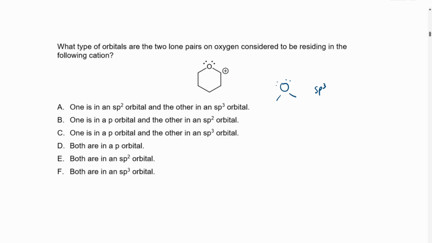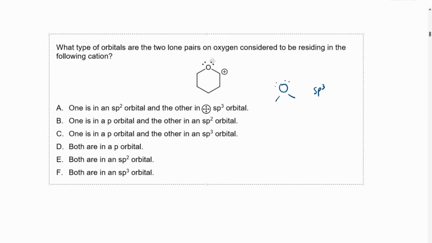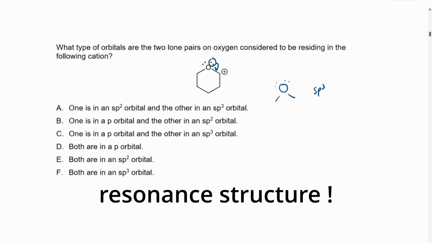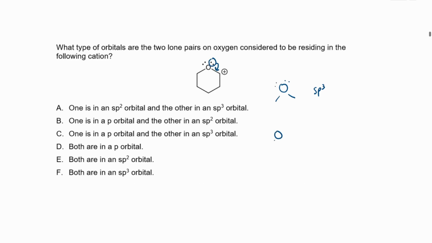There's a cation over here. And this means that the lone pair over here might go over here. So what I'm saying is it could potentially form a double bond where the plus charge is on the oxygen instead. So that's a possible resonance structure that could happen, right?